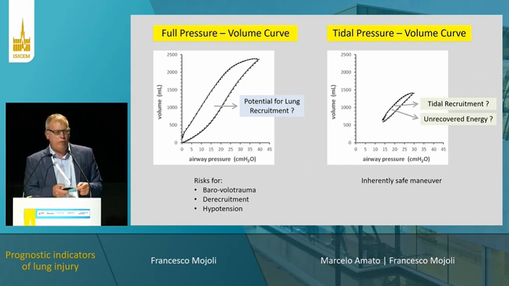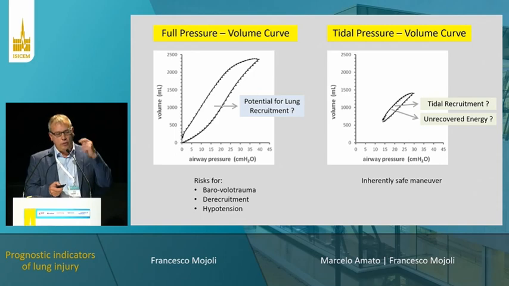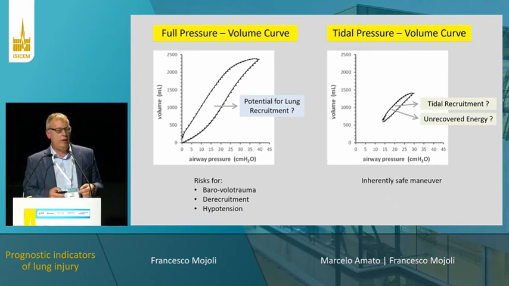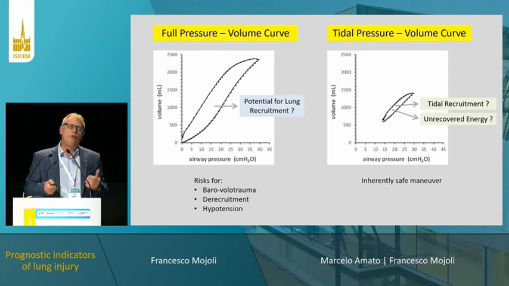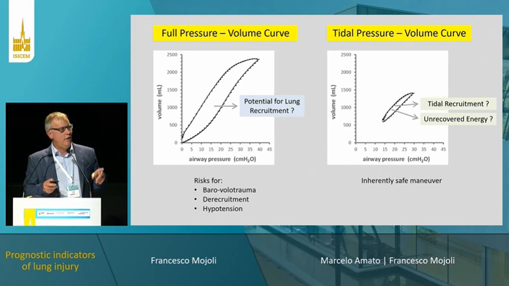If you perform a full pressure volume curve, we want to measure the potential for lung recruitment in our patient, whereas doing the tidal pressure volume curve, we ask the question whether our PEEP level is able to avoid tidal recruitment. And from a physics point of view, I like this very much. Actually, this is the amount of unrecovered energy, that is the energy that is dissipated each breath in the respiratory system of our patient.